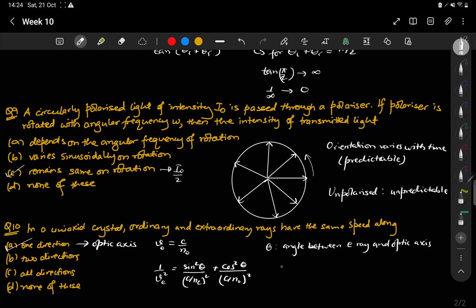And clearly you can see that when theta equals 0, we have VO equals VE, which is C over NO. And if two directions have the same speed, then that is the case for a biaxial crystal, which has two such axes where the ordinary and extraordinary rays have the same speed.